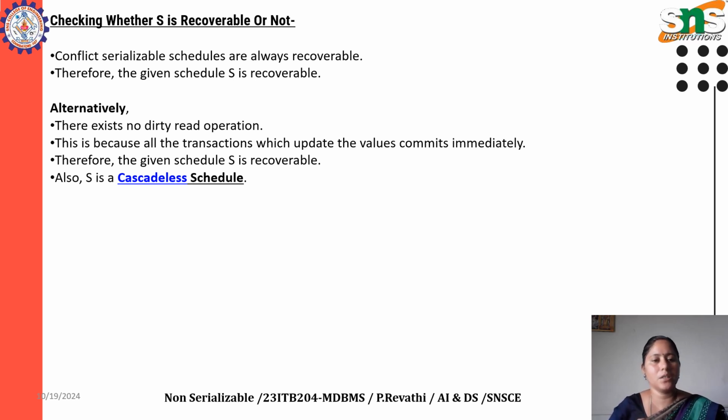A dirty read occurs when a transaction reads data from another running transaction that has not yet committed its changes. Here there is no dirty read operation, because all the transactions which update the values commit immediately. Therefore, the given schedule S is recoverable. Also, S is a cascadeless schedule.